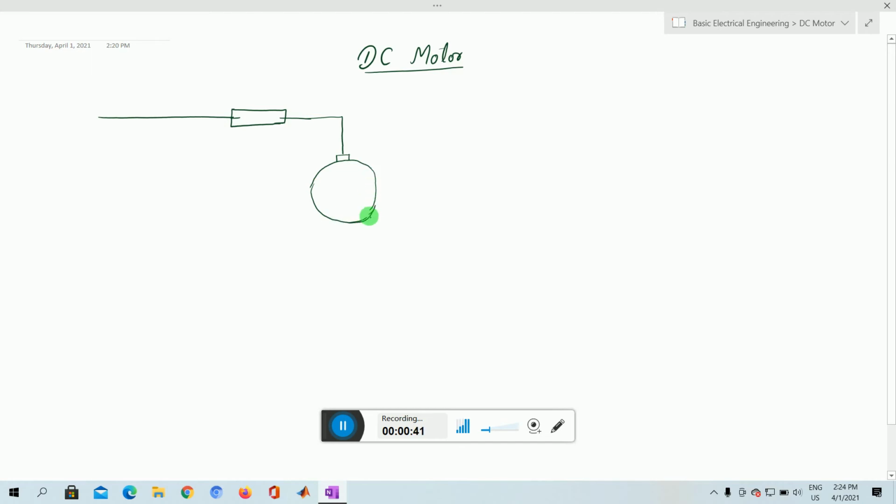This circle represents your DC motor. Then there is another box type of thing. This again represents a carbon brush. And now the circuit is complete.